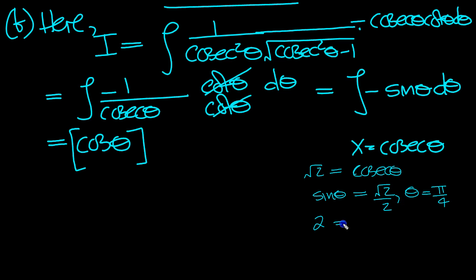And 2 equals cosec theta. That's the other bound, wasn't it, 2? That's sine is a half, if we invert the fractions both sides. And that tells us theta is equal to the inverse sine of a half, sine 30 is a half, so this is pi over 6.